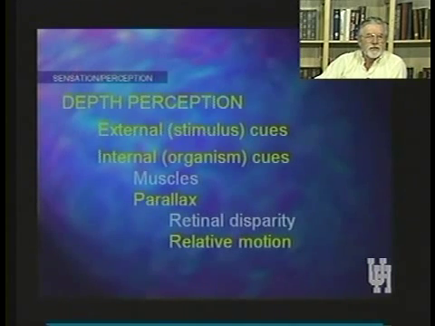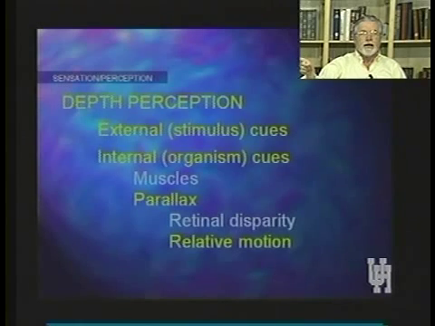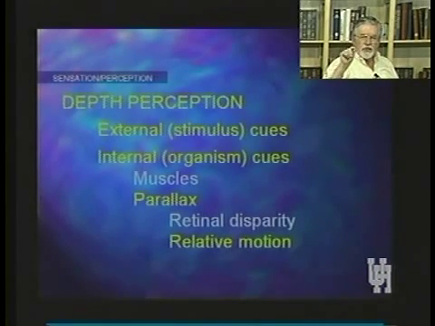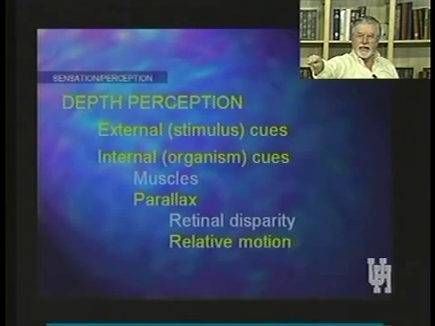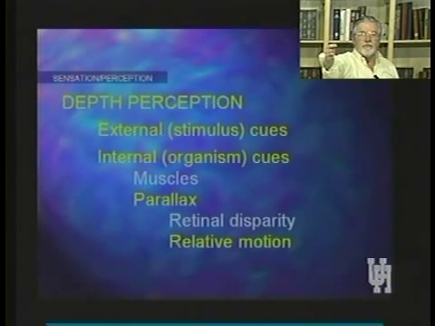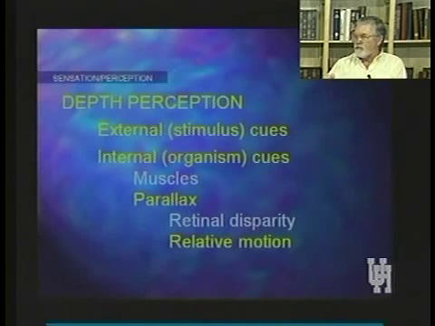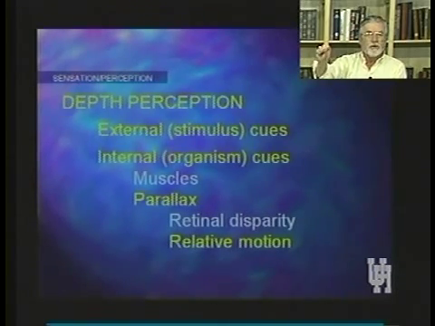Another variation on this is what's called relative motion. If you're riding along in a car and you look out at an object out in the field, the object that you look at becomes an anchor point. Anything between you and the object you're looking at is going against the direction you're going. Anything beyond that object is going with you. Okay? So in essence, relative motion there is referring to the motion of objects relative to where you're looking.